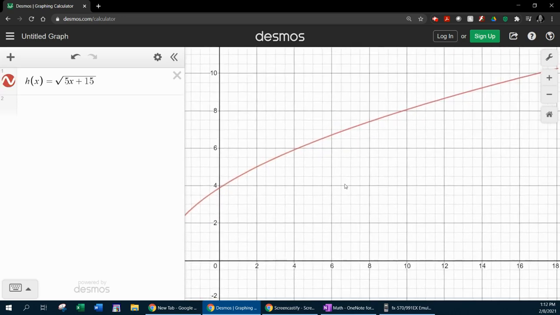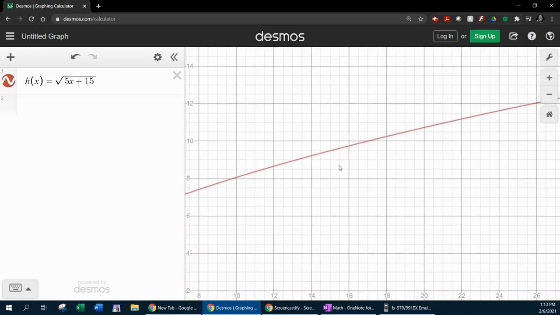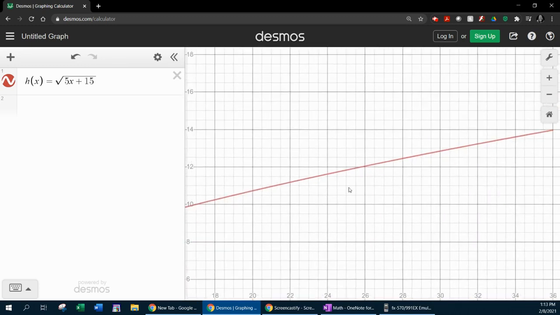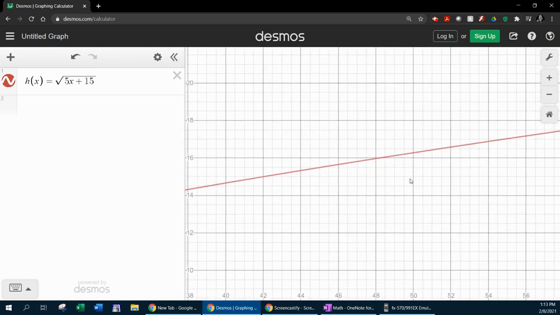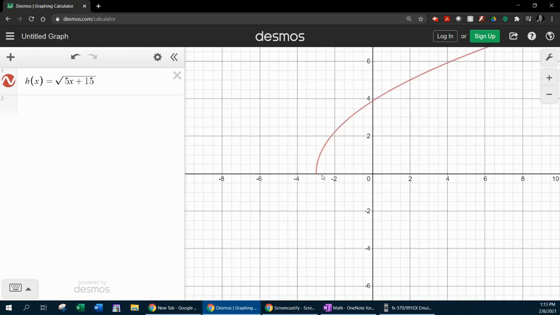And again, if I drag that graph over, you're going to see that that graph continues to increase forever. It's just going to keep going up and up and up forever. So the range would be everything from 0 to infinity. So it's pretty easy to get the range there from the graph if you need it.